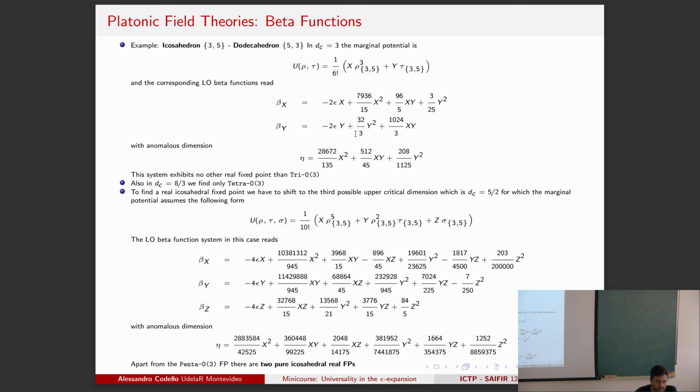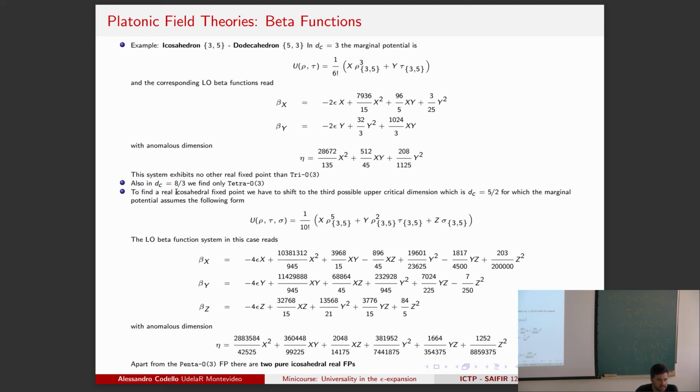So you project this one, you have the anomalous dimension. This system exhibits no other real fixed point apart from the critical O(3). So it means that this is really just a deformation of O(3). Using only one of the invariants specific to the icosahedron doesn't have enough strength to generate a truly independent fixed point.